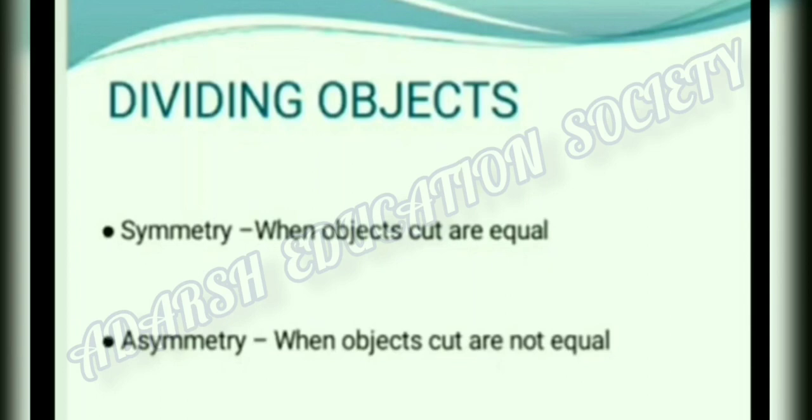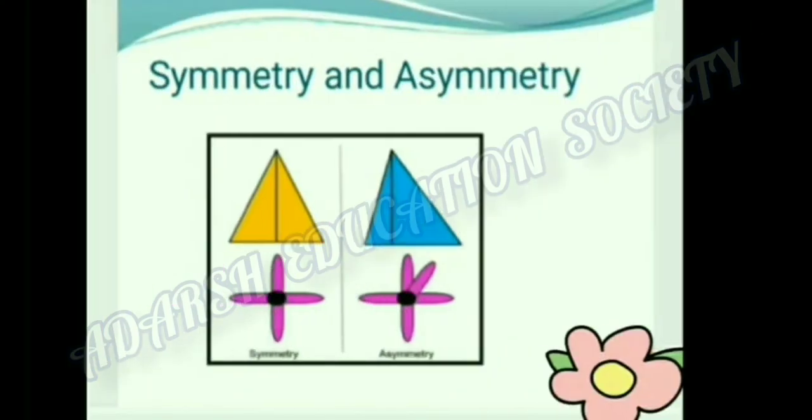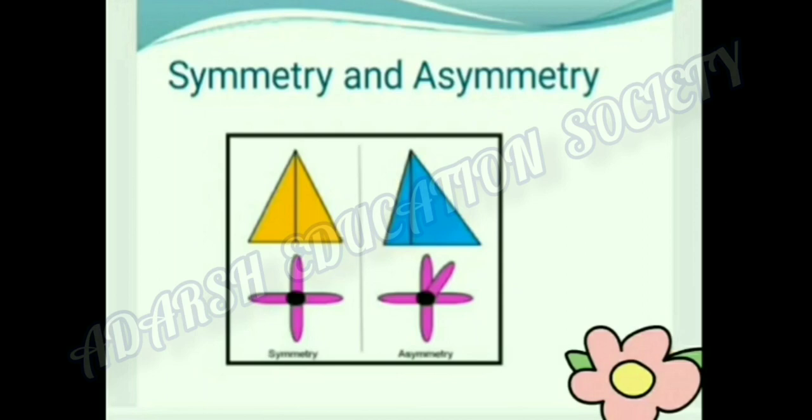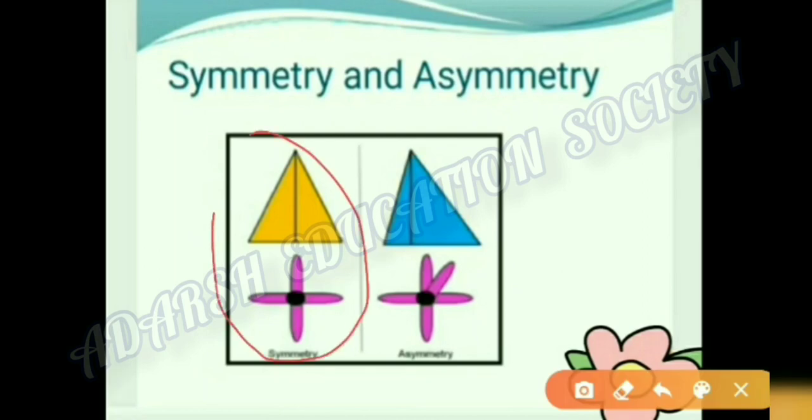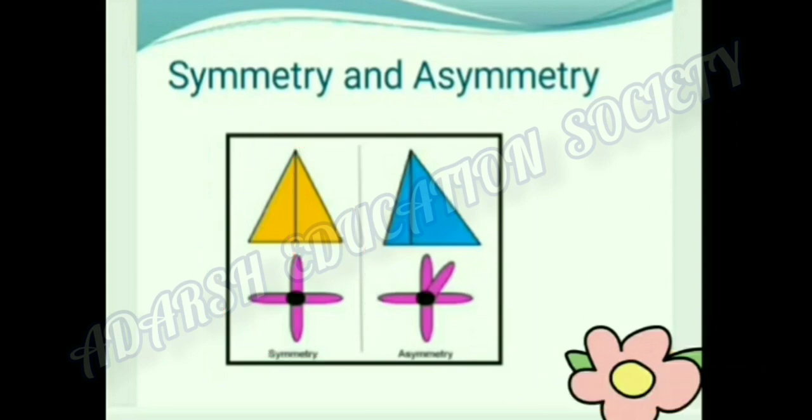Now let's see the example of symmetry and asymmetry. Here you can see the pictures, right? First one, triangle and flower. Here we can see the objects divided into two equal, similar parts. That's why this is the example of symmetry.